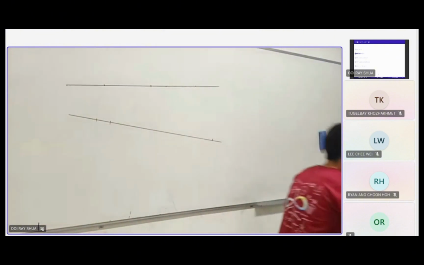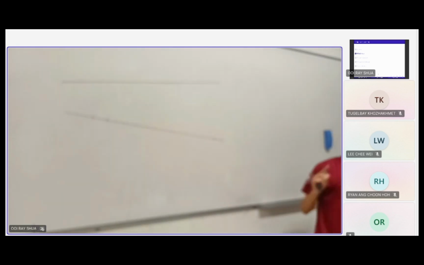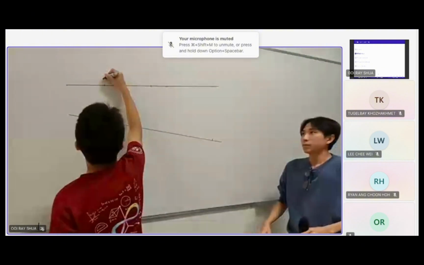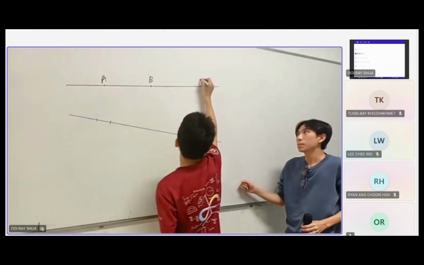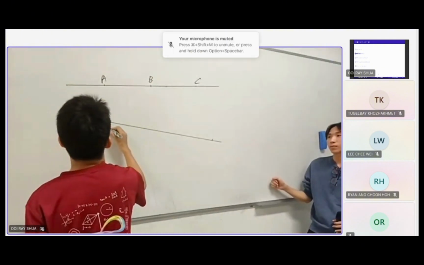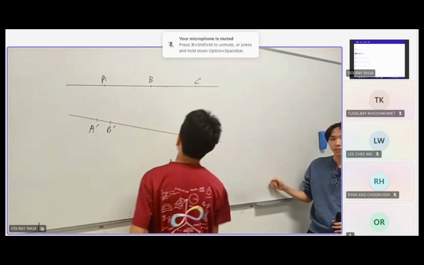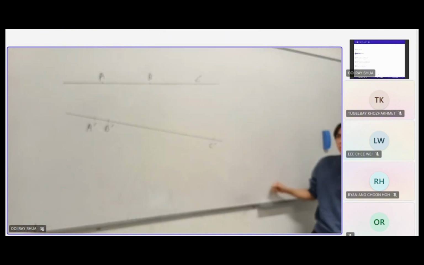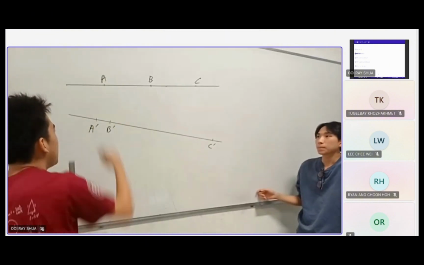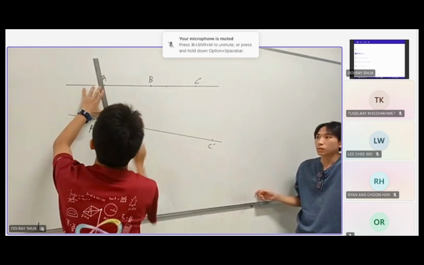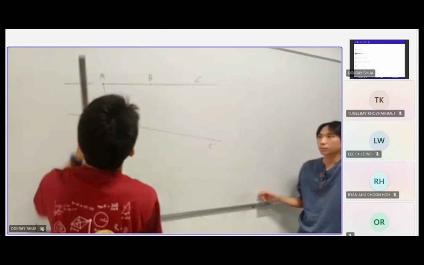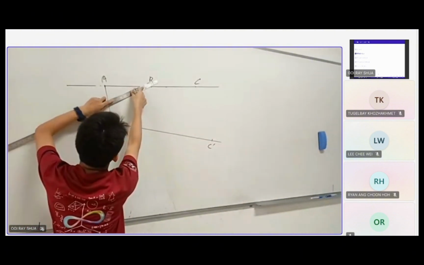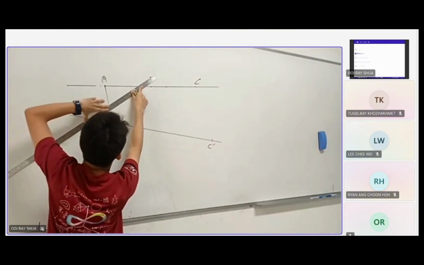This is something that the ancient Greeks did. Let's label these points A, B, C, and then this line A prime, B prime, C prime. This is kind of combinatorial. We'll join A, B prime, and then we join A prime, B. This is a bit technical.